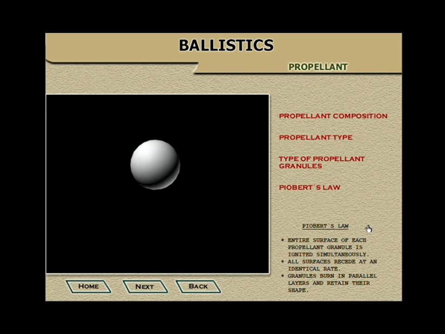Piobert's law: it is assumed that on firing, the entire surface of each propellant granule is ignited almost simultaneously, and all the surfaces then recede at an identical rate. The granules are said to burn in parallel layers. For example, if the initial granule is cylindrical, it will retain its cylindrical shape throughout the burning process, as the diameter and the length of the cylinder will reduce at the same rate.